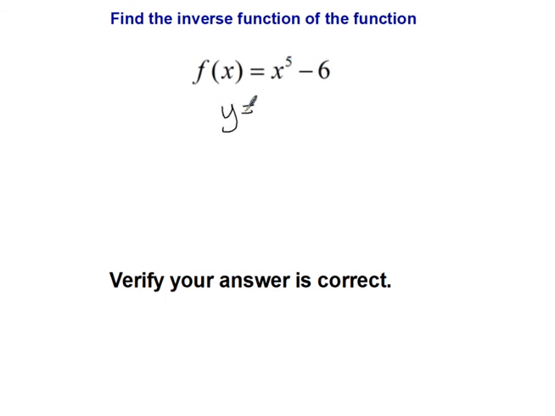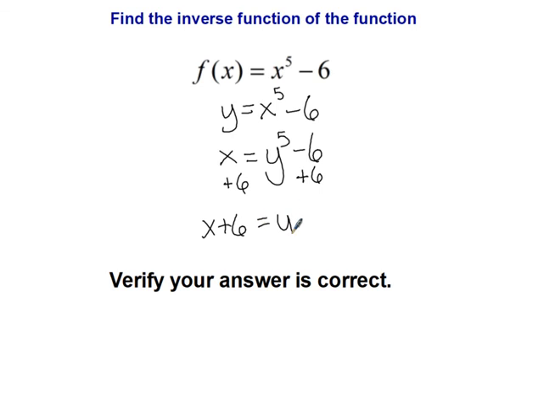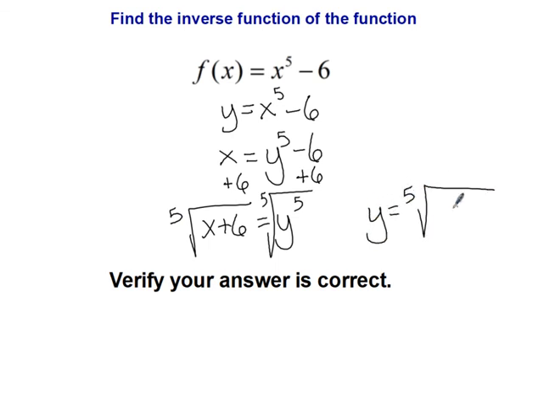So I'll replace f of x with y. I'll switch y and x around. There, to get y by itself, I'm going to have to add 6. And to get rid of the 5th power, I'm going to use the 5th root on both sides.